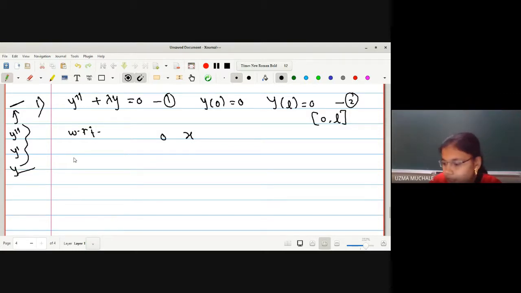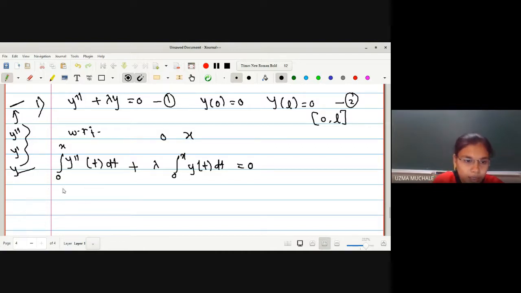So what will be the integration? It is integral of y double dash of t dt from 0 to x plus lambda integral from 0 to x of y of t dt is equal to 0, as limits are provided, so we can write it as 0.